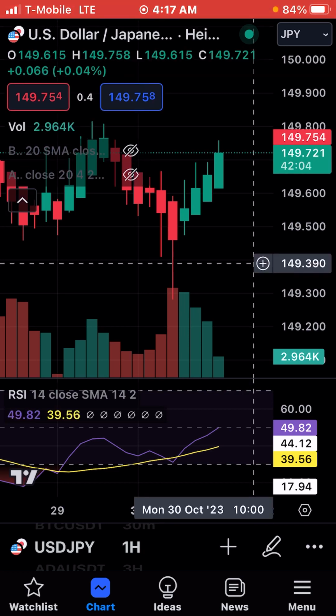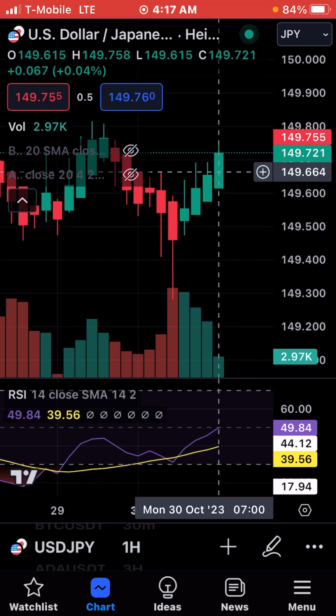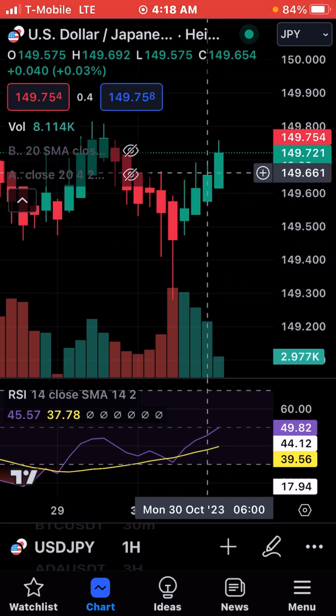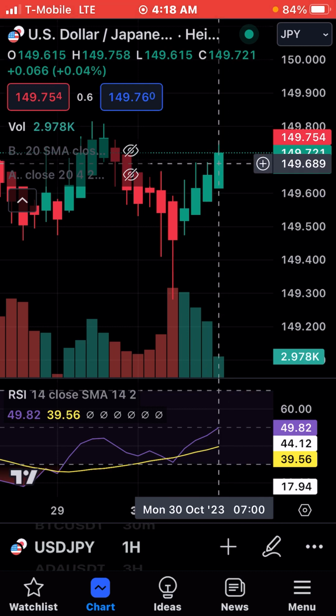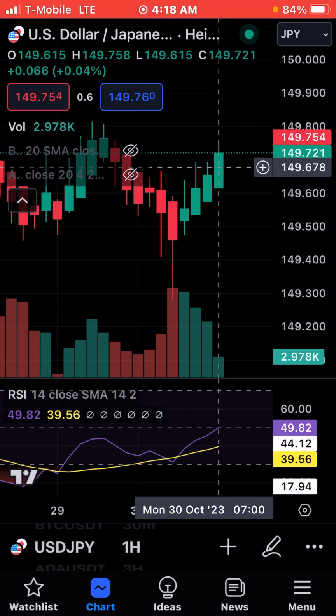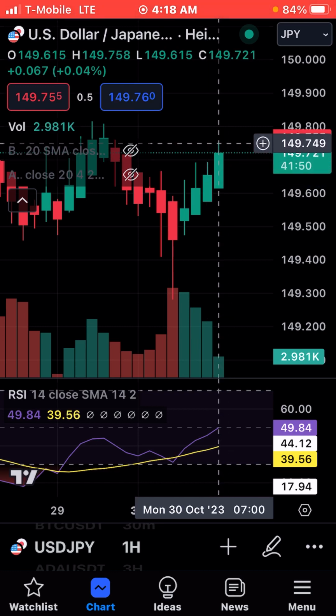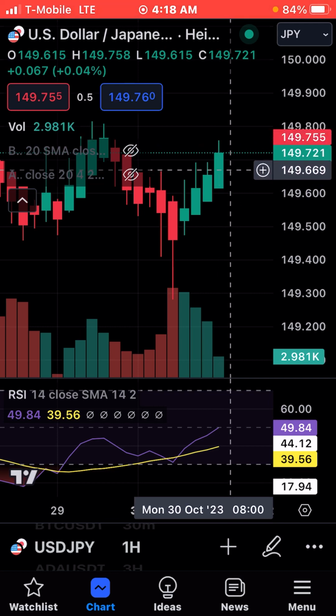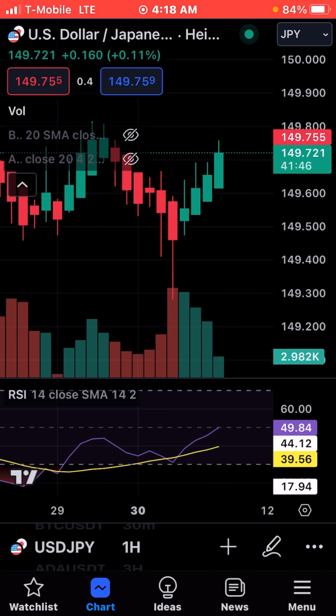So looking at this previous candle here, and this candle, we're on the Japanese yen here, you see this candle here, and then you see this candle here, and you see the wick is longer. It's gone farther than the previous wick, which tells me it's getting stronger. The trend upward is getting stronger.